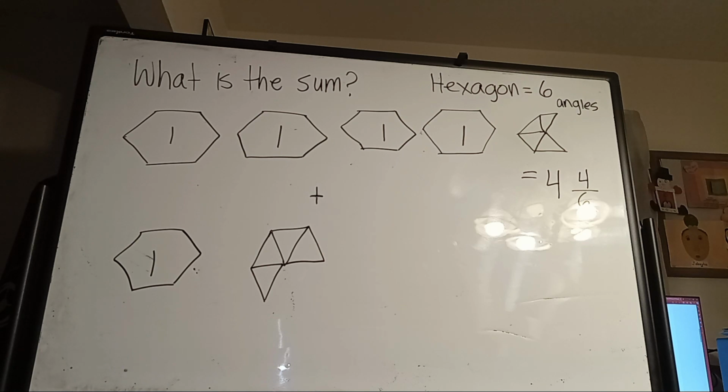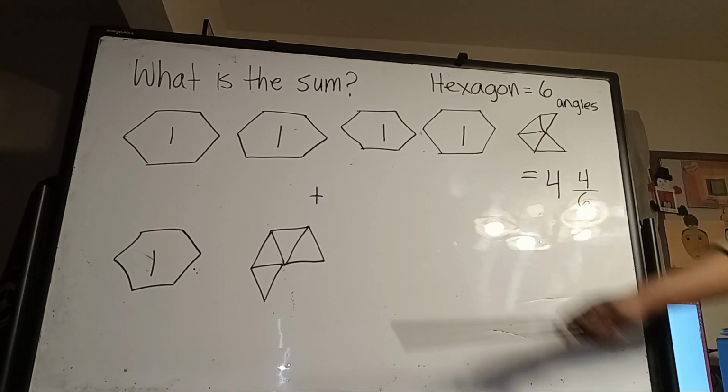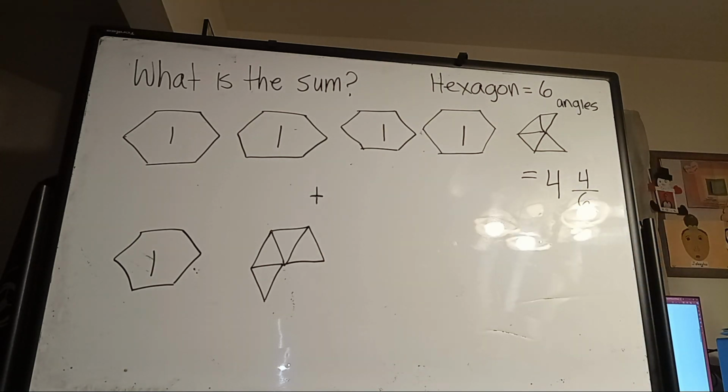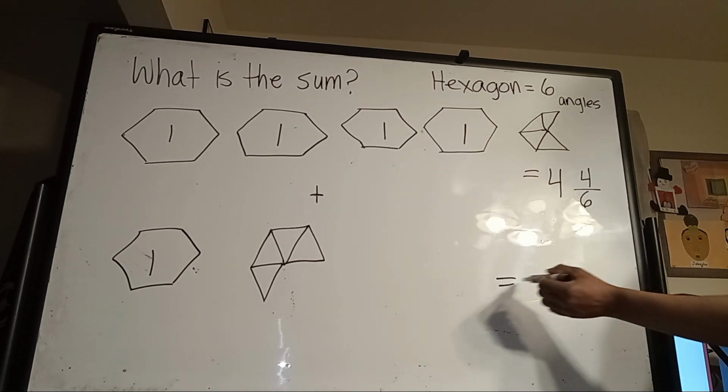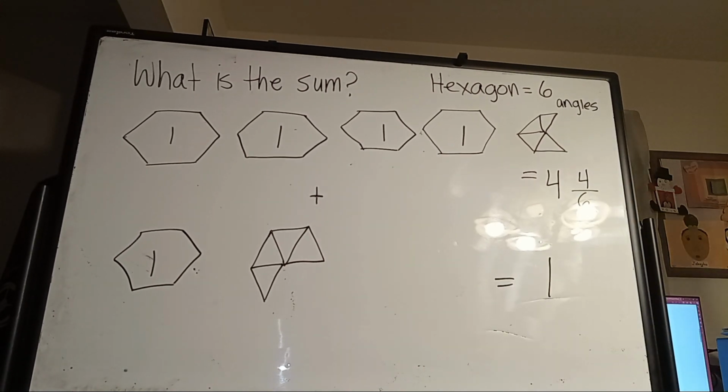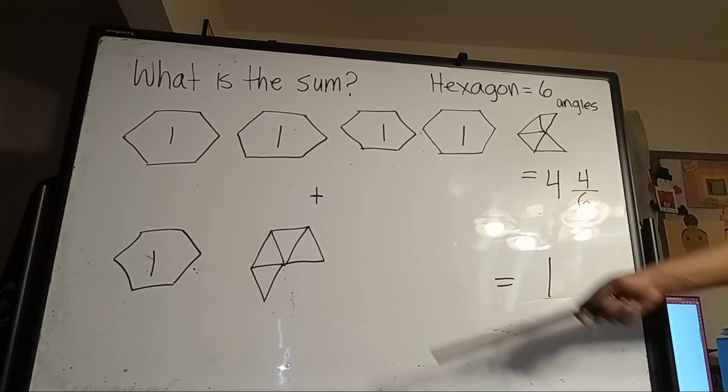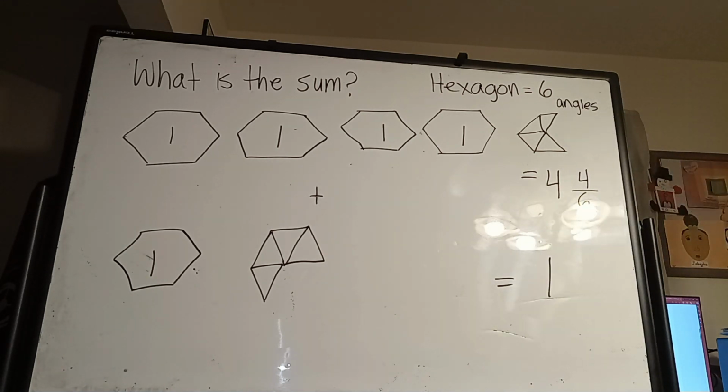So now we're going to look at the second diagram. We only have 1 hexagon. So that's clear to see that that's going to equal 1 whole. And this second diagram, which is a fraction, was drawn a lot simpler than the first one to trick you. So always remember, when you see diamonds, diamond shapes are just 2 triangles together.